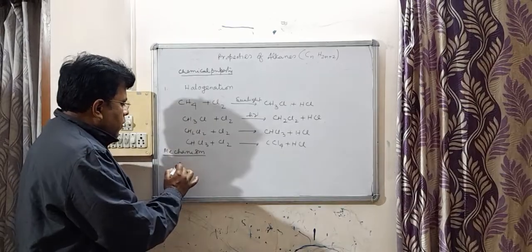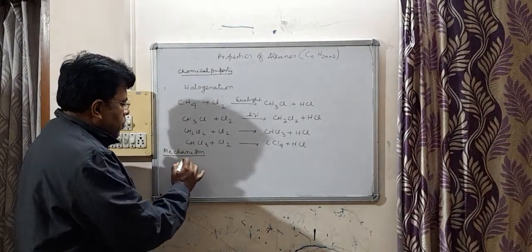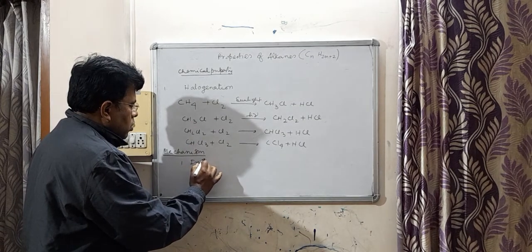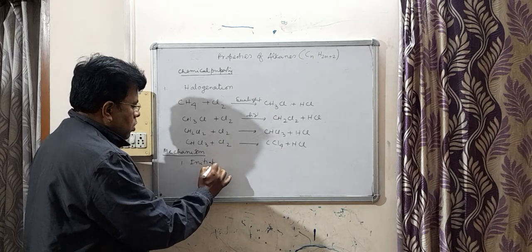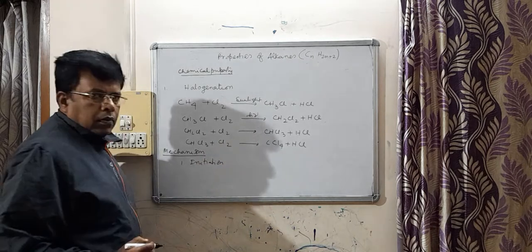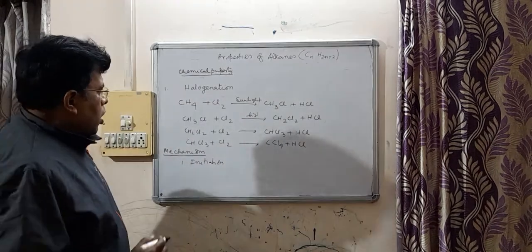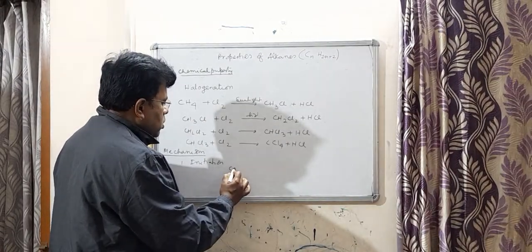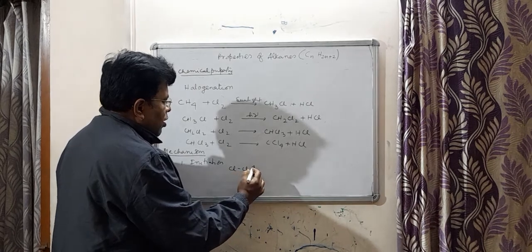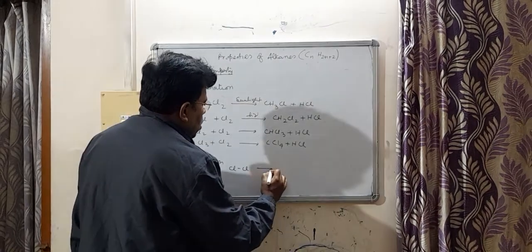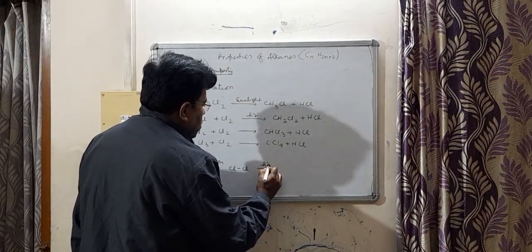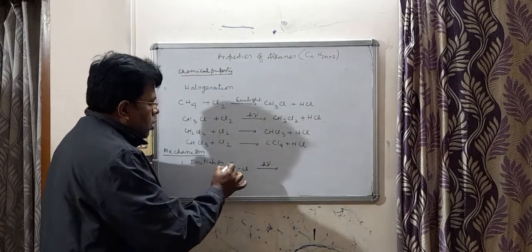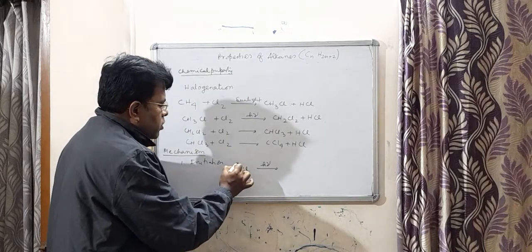Here the first step of the free radical mechanism is initiation. And what happens in initiation is, suppose this is a chlorine molecule, in the presence of sunlight, with the help of the energy of the photon, it undergoes homolytic fission.